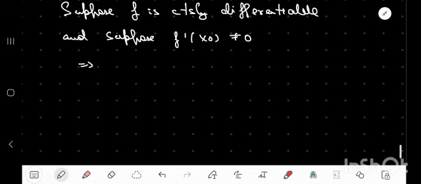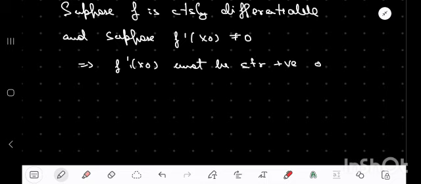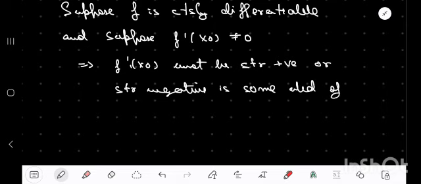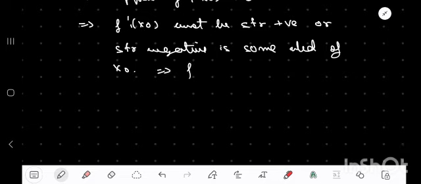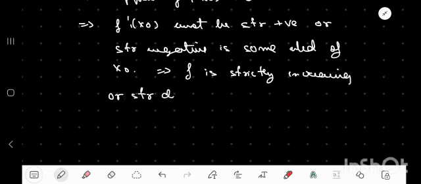But then this is basic real analysis, that then f prime must be strictly positive or strictly negative in some neighborhood of x naught, which implies that f is strictly increasing or strictly decreasing in some neighborhood of x naught.